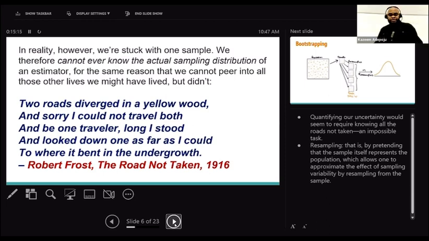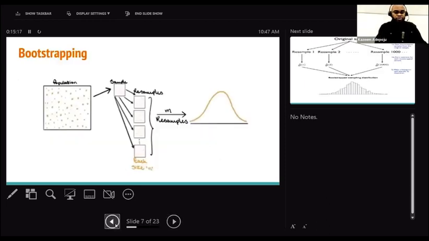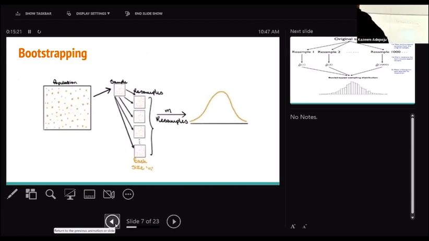Now let me tell you this. What we normally do in bootstrapping: from a population, we take a sample. From the sample, we take several samples. What is our belief?